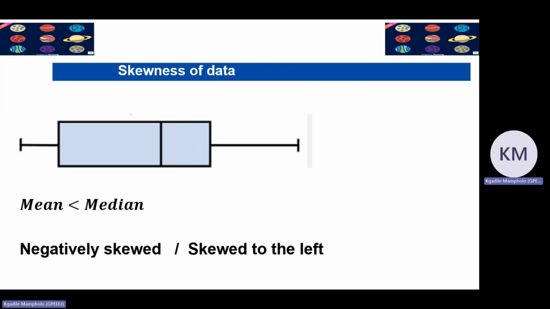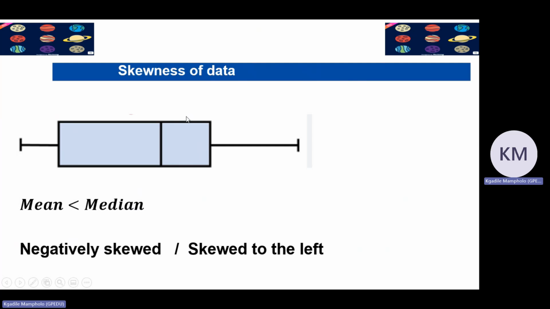So if the mean is less than the median, this will be negative. I'm just trying to show you this so that you know that you don't have to draw the box and whiskers diagram to check whether the data is skewed to the left or the right. You just say mean minus the median. If the mean is less than the median, then it will be negatively skewed or skewed to the left, meaning that the scores between the Q1 and the median are more spread out than the scores between the median and Q3.